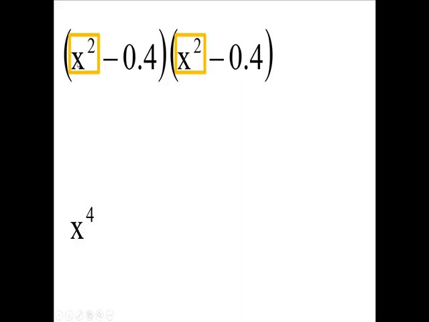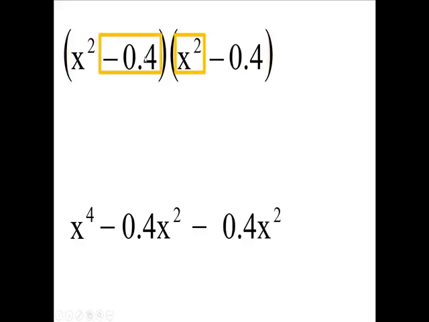If I do my outsides, I'll still have the x squared, but I'll be doing the outsides. So that's negative 0.4 x squared. Okay, and then if these two are the outsides, then these two are the what? Insides. And you're going to get the same thing again.